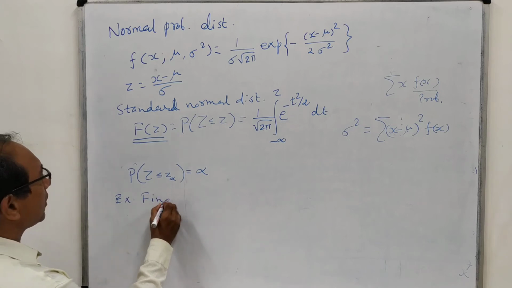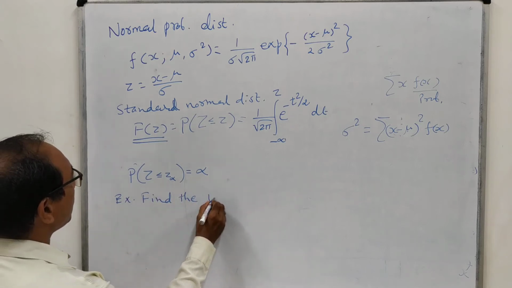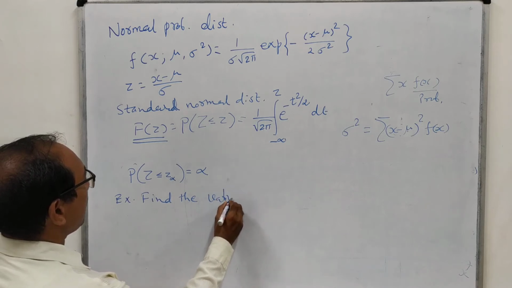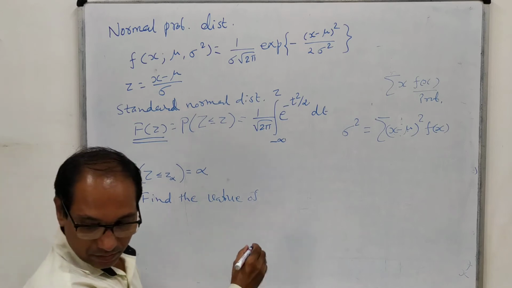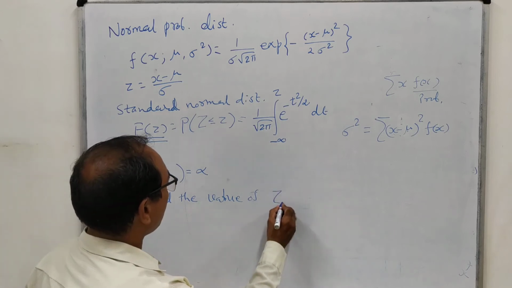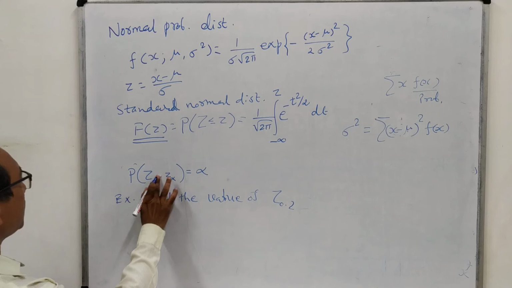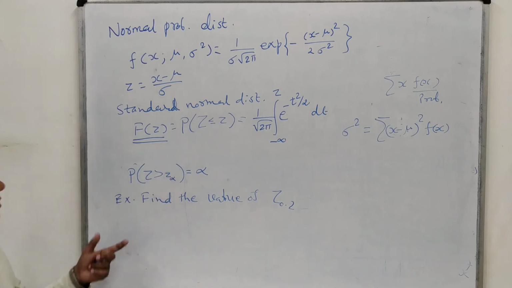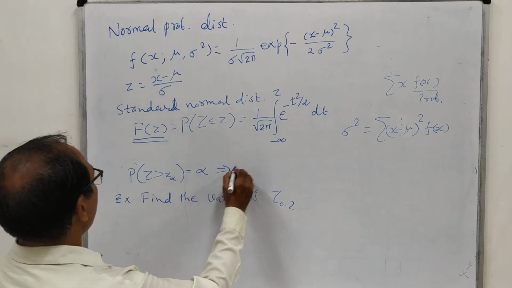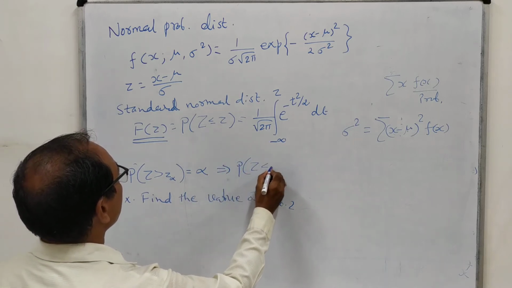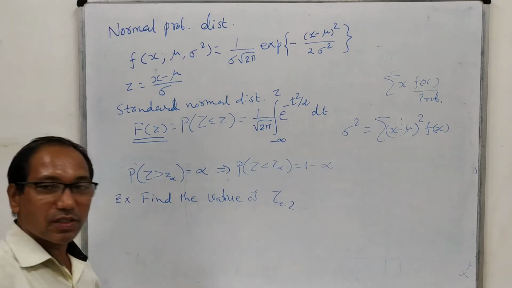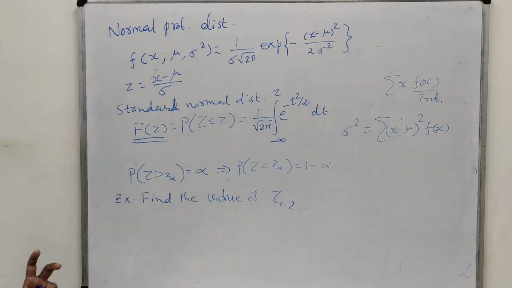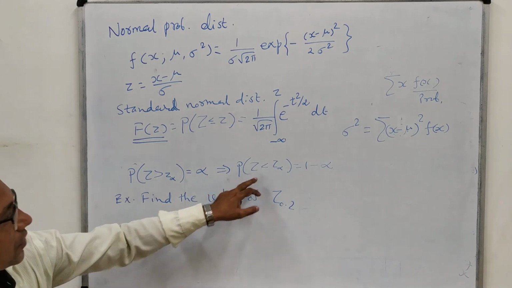Find the value of Z 0.2. Actually, sorry, it is for Z greater than Z alpha. So this implies that the probability of Z less than Z alpha is nothing but 1 minus alpha, because we are considering the value of probability here relative to Z as a whole area.